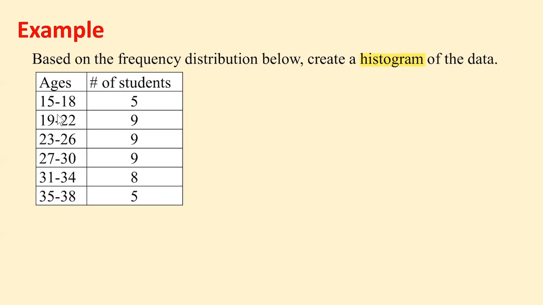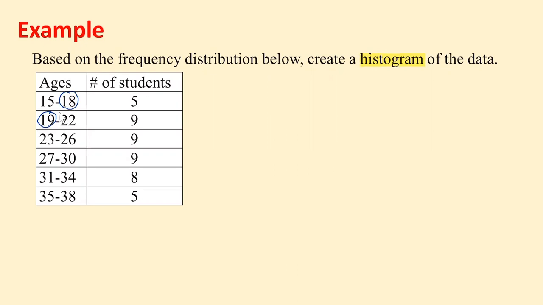So to make the classes continuous, we look at the upper limit of the first class. Here the upper limit of the first class is 18, and the lower limit of the second class is 19.